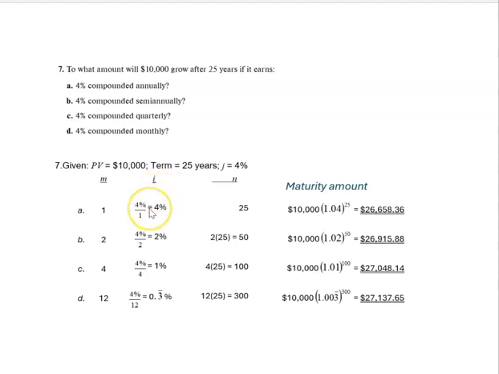So you're going to take your 4% and divide it by the number of compounding periods in that year. So your first one is 1, your second one is semi-annual, so it's 2. The third one is quarterly, so it's 4. And the fourth one, D, is monthly, so you're going to take the 4 divided by 12. Then you will have your periodic interest rates.